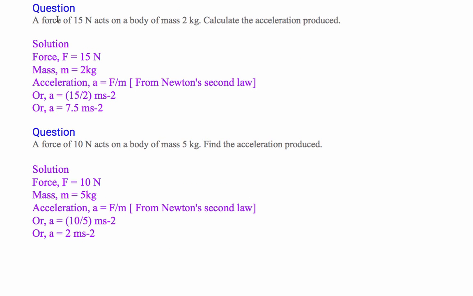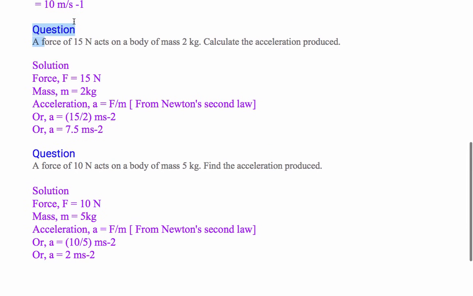Next, a force of 15 Newton acts on a body of mass 2 kg. Calculate the acceleration produced. Now, force F is given, 15 Newton, mass of the body m is 2 kg. So the formula we know from Newton's second law, mathematical form of Newton's second law, if you remember in the explanation I have taken, F equals ma. So acceleration a comes out F upon m.